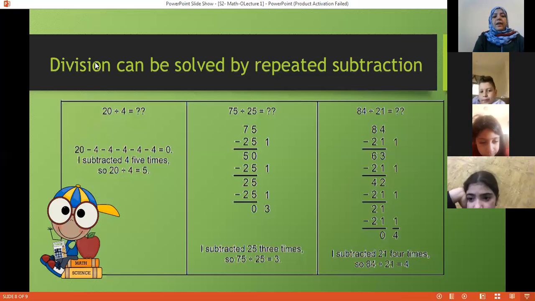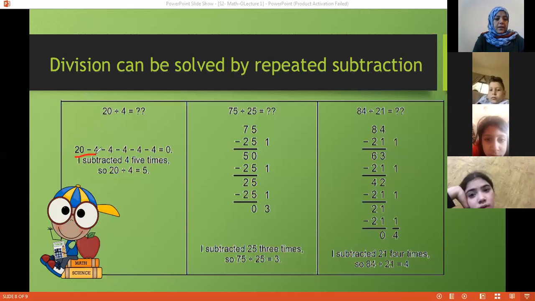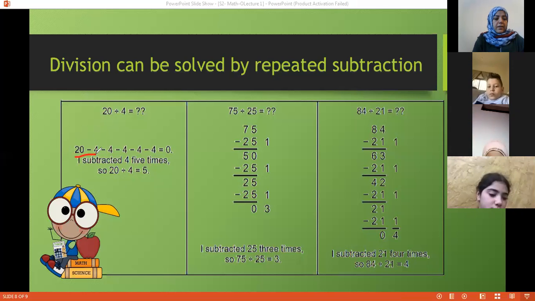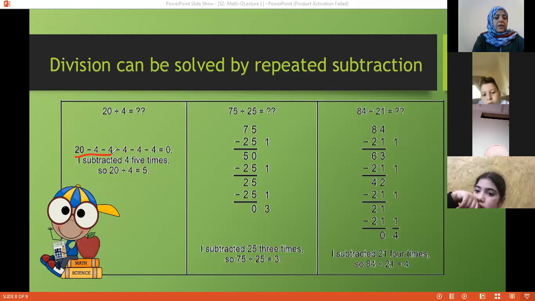So what you are going to do, as you can see, 20 minus 4. I need answers. 16. Now 16 minus 4 is 12. Very good. 12 minus 4 equals 8. 8 minus 4 is 4.